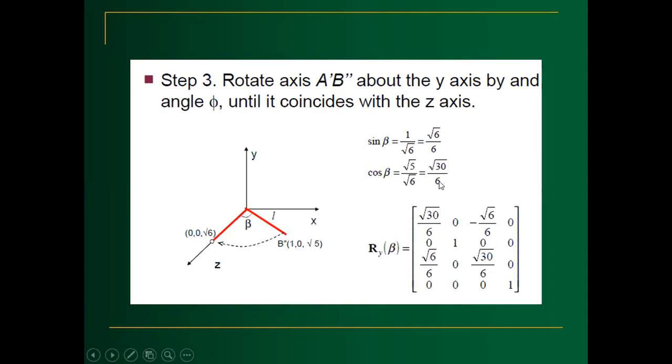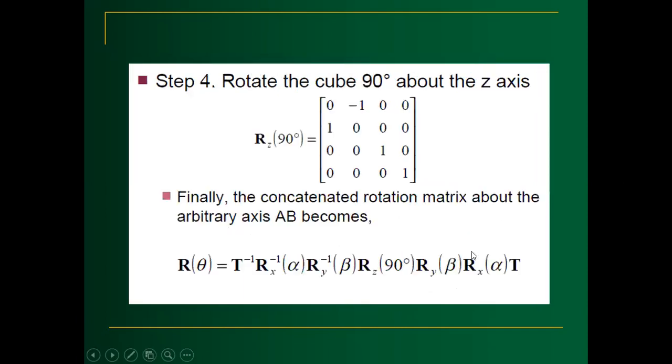Six can be written as root 6 into root 6, and root 30 can be written as root 5 into root 6. Numerator by denominator, root 6 gets cancelled, and this is how it looks, root 30 by 6. So in substituting the R y beta, you will get this.